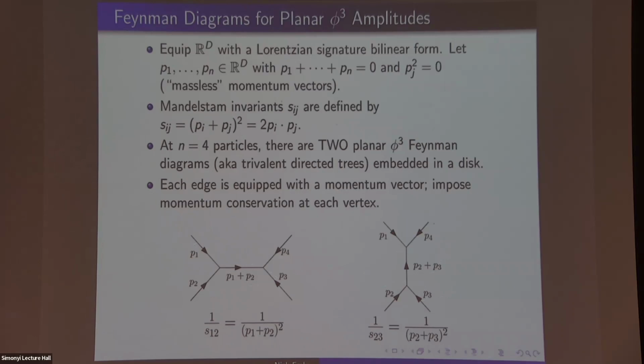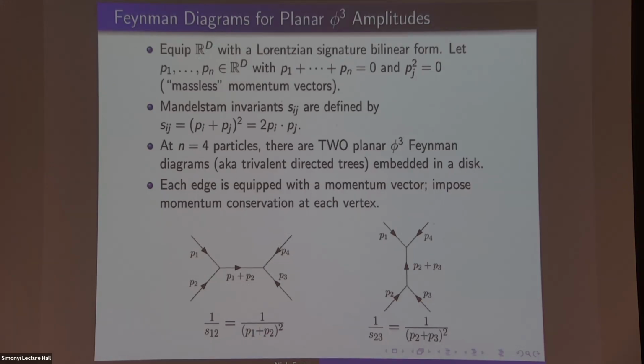In a Feynman diagram, you put an orientation on each edge, and you attach to each edge a decoration, a momentum vector, and you require that the sum of the momenta has to vanish at each vertex. That's called momentum conservation. So from this, the Feynman rules say we evaluate this Feynman diagram, and we get S12, which is (P1 plus P2) squared. This is well defined due to momentum conservation. This is also equal to (P3 plus P4) squared, because the sum of the four is 0.